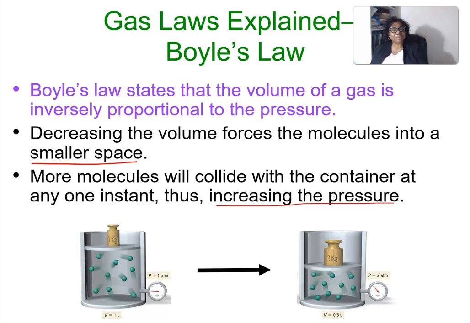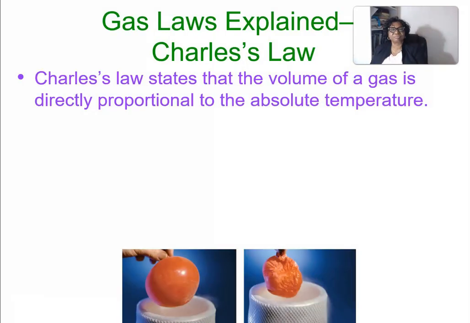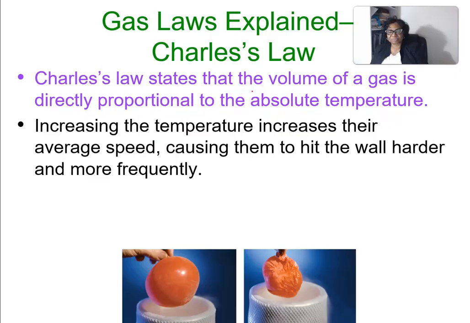We want to use the property of a gas to explain Charles' law. Charles' law states that the volume of a gas is directly proportional to the absolute temperature. Increasing the temperature increases their average speed, causing them to hit the wall harder and more frequently.